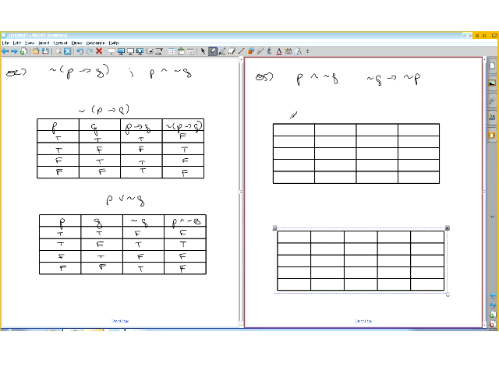So let's fill these out. P, Q, not Q, P and not Q. True, true, false, false. I don't know why I did that. Ignore that. True, false, true, false. I should have moved these down one.